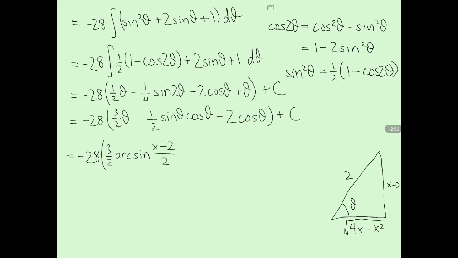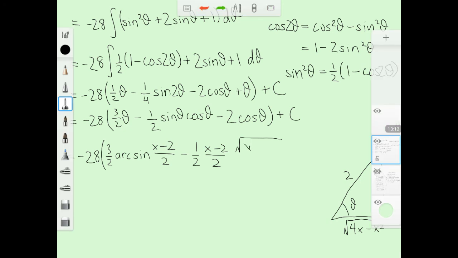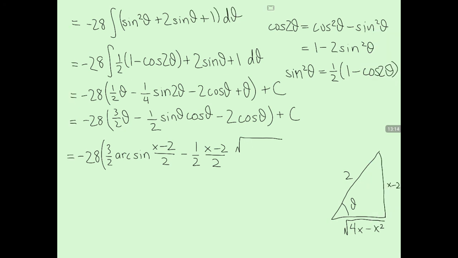Well, what is sine theta? Sine theta is x minus 2 over 2. So we have minus 1/2 of x minus 2 over 2. What's cosine theta? Well, it's this square root thing over 2. So we have this square root of 4x minus x squared over 2.